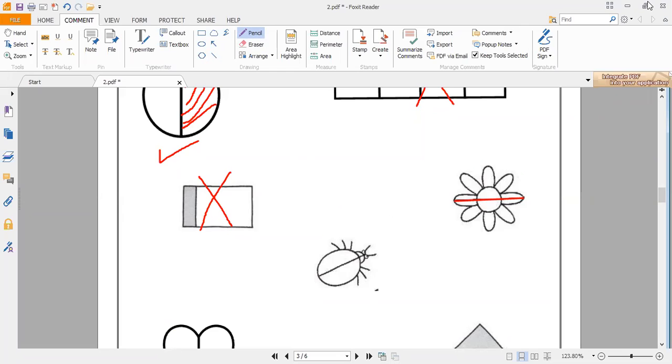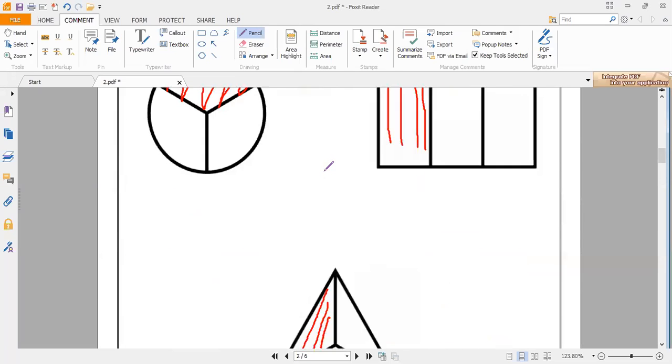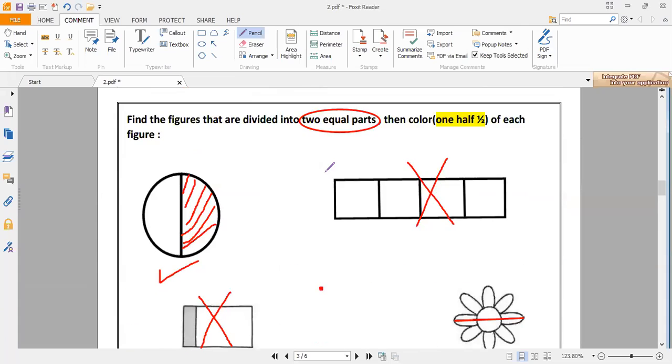Halves means, as we said in the beginning, two equal parts.